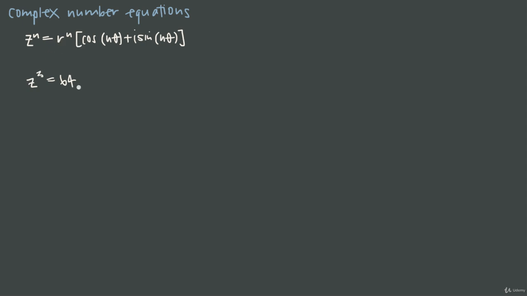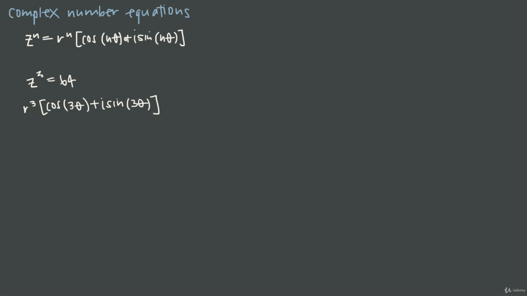So z cubed is the same thing as if we plug n equals 3 into the right-hand side of this equation. That's the same thing as r cubed times cosine of 3 theta plus i sine of 3 theta.